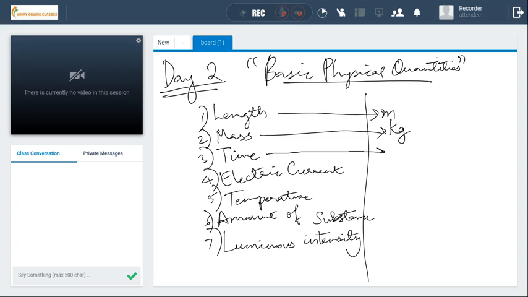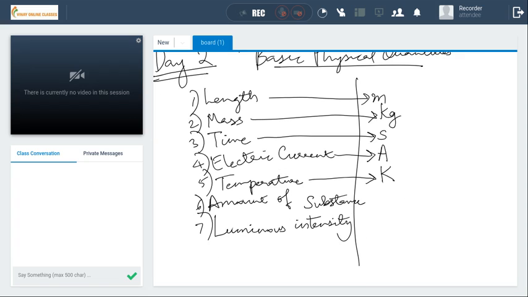The SI unit of time is second. The SI unit of electric current is ampere. The SI unit of temperature is Kelvin. The SI unit of amount of substance will be mole. The SI unit of luminous intensity is candela.